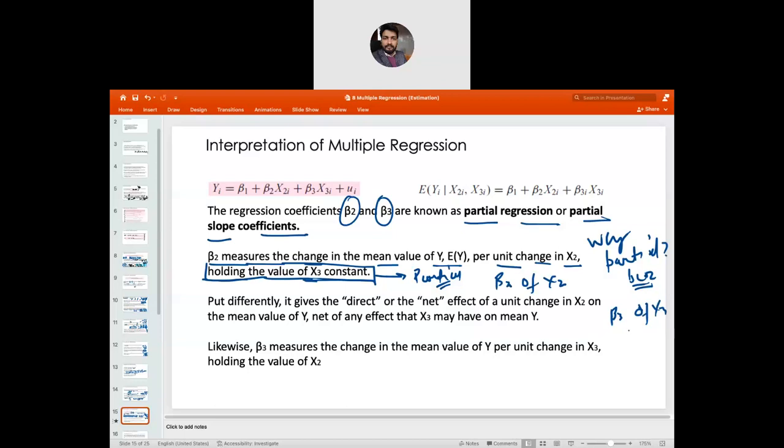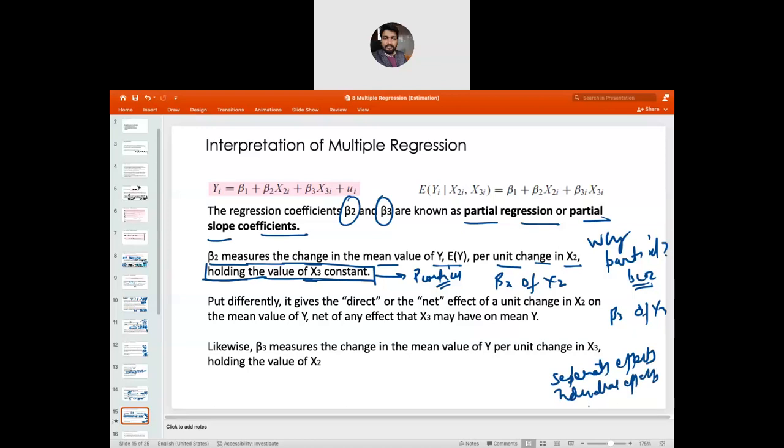So when we are keeping x2 constant and measuring the effect of x3 on y, or when we are keeping x3 constant and measuring the effect of x2 on y, what we are trying to do is get separate effects or individual effects, right?